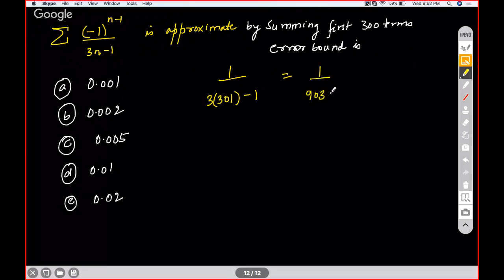How much is this? 0.0011, so it's 0.001, right? So it's option A, sorry. It's A. Yeah, that's what I meant. Is that fine?